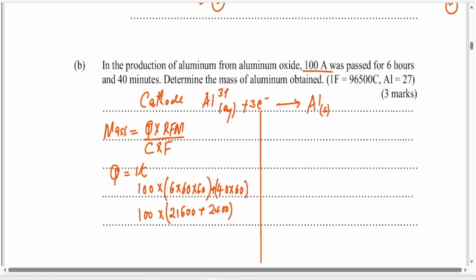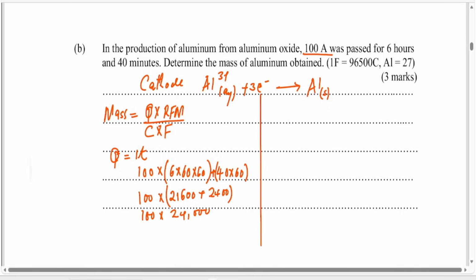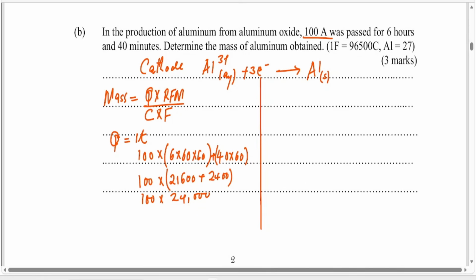So it is going to be 100 multiplied by, when you take 21,600 plus 2400, I obtain 24,000. So I multiply by 24,000, and when I work this out, I obtain 2,400,000.